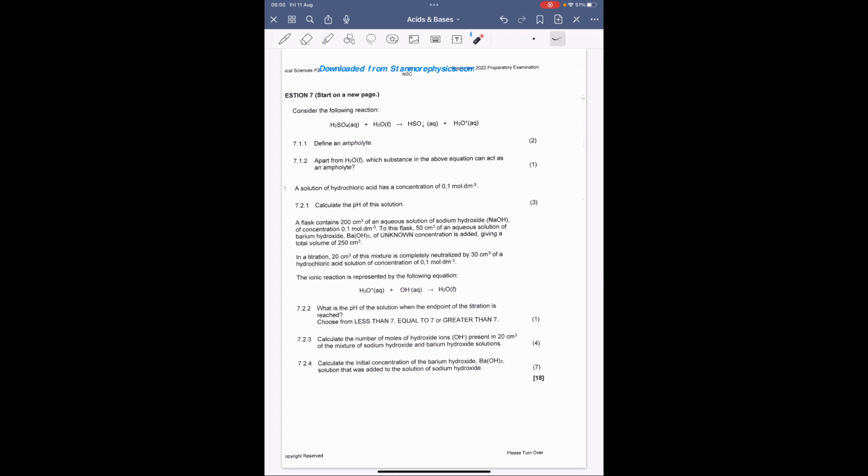Sometimes they do the conjugate acid-base type questions. They ask you what's the definition of a strong acid, so on and so forth. Then you'd be calculating pH, and then we'd move on to the titration question, and in this case, the two reaction questions.